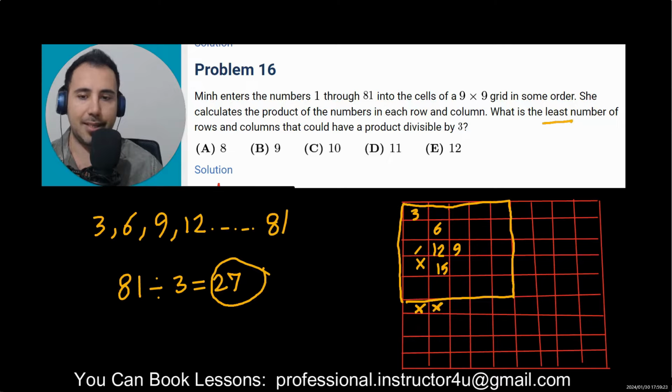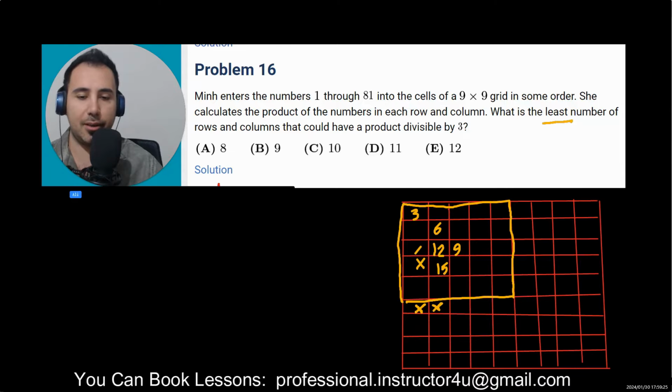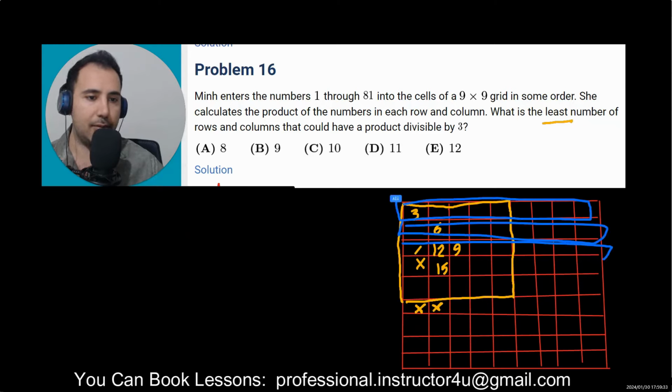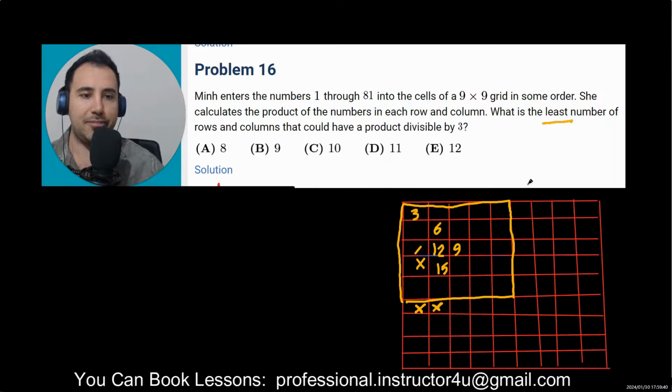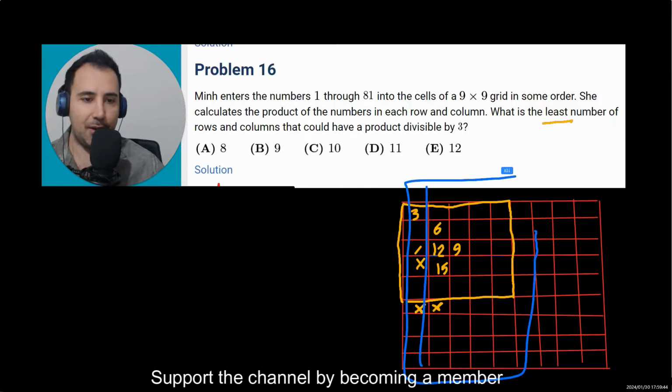Okay, now let's count all the rows and columns that will have a multiple of 3. This one, of course, 1, 2, 3, 4, 5. So there will be 5 more like this, 1, 2, 3, 4, and 5, obviously.